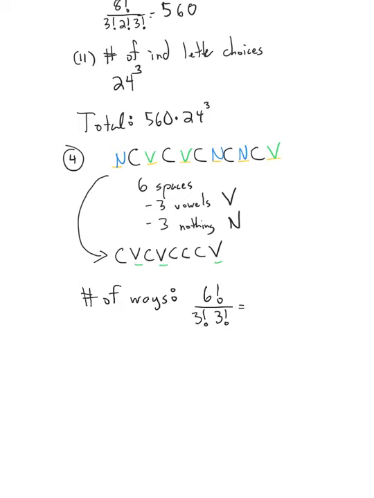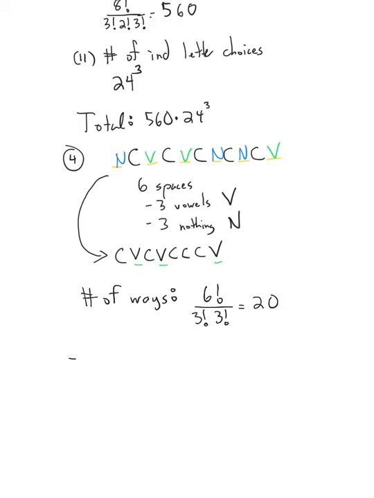And you can simplify that. And what you will get is 20. So there are indeed 20 different kind of blueprints for where your vowels can go. That's great. So we have 20 blueprints.